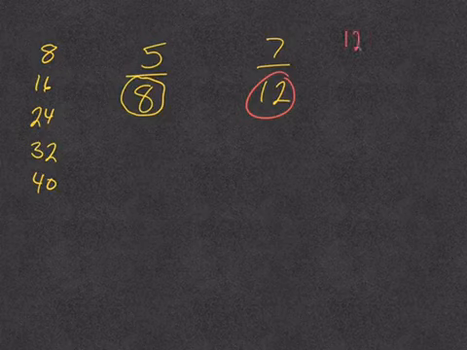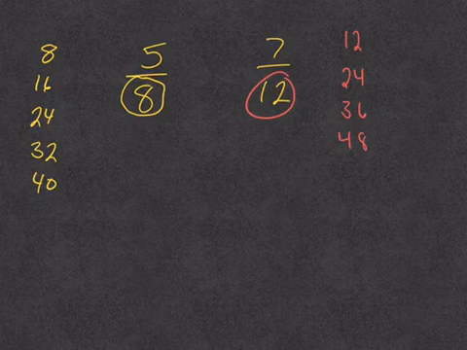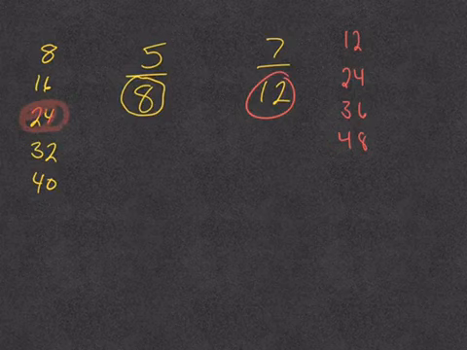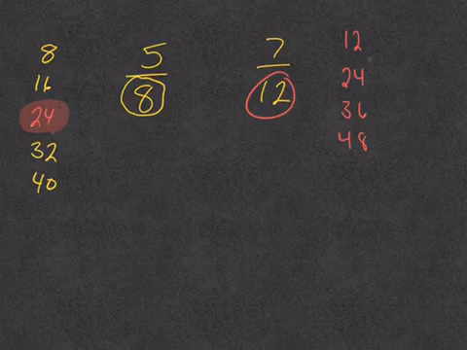So I have 12, 24, 36, 48. These are the multiples of 12. Again, what I'm looking for is where they have a match. And I found one pretty quickly, and I have it as 24. Both of these have a multiple of 24.